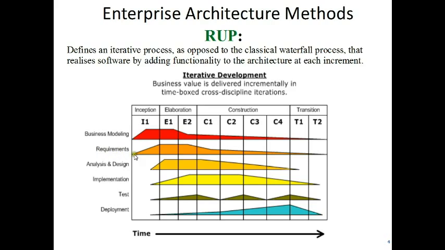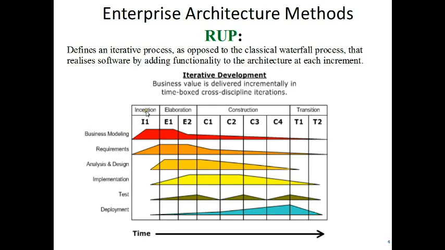Similarly, requirements happens throughout the entire life cycle. However, you can see the test is much less, and also the thickness and the thinness of this line across the life cycle indicates how much effort and how much activity happens, for example, for business modeling in every stage.